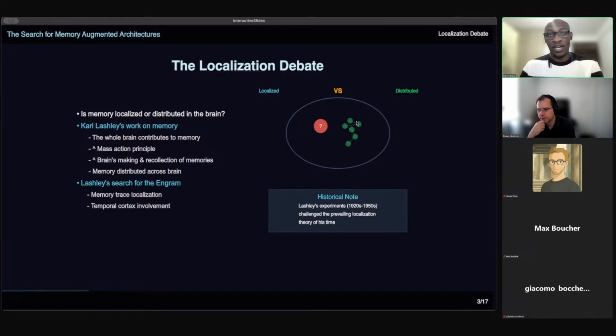Computers have a specific location where memory is, an external memory and addressing system. But the brain is different. The brain is distributed, so to retrieve a specific memory you have to go through a process of reconstruction, which I'll talk about, and then get the memory you are looking for.